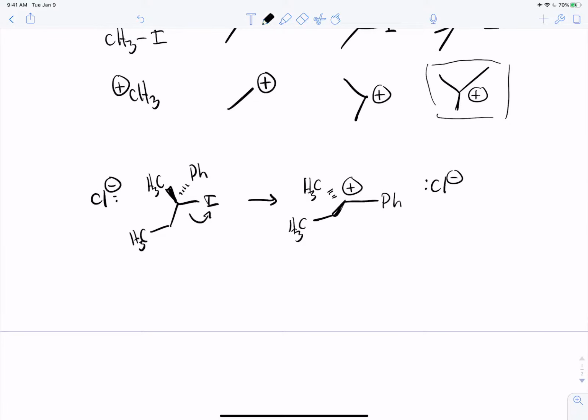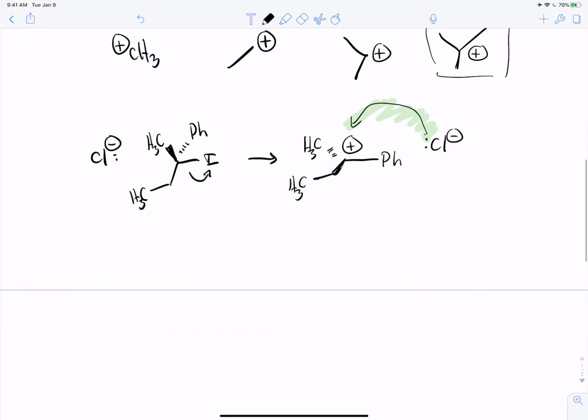So if chloride attacks from the top, let's say, put some color on that, it's coming in this direction. What we're going to see is, as the chloride bond forms, it's going to push down, and this is what's happening in the other reactions. I don't know if we went through it in this much detail, but it's going to push these groups down, and that's going to give you one of your stereoisomers.